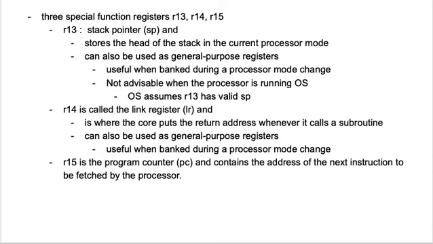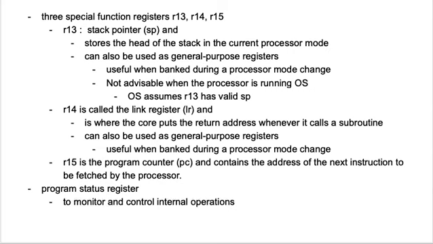Banked means the register can be temporarily put to the same value, but there is another banked register that gets added so that further processor execution can happen on the new register. R15 is the program counter that contains the address of the next instruction that is to be fetched and executed by the processor.